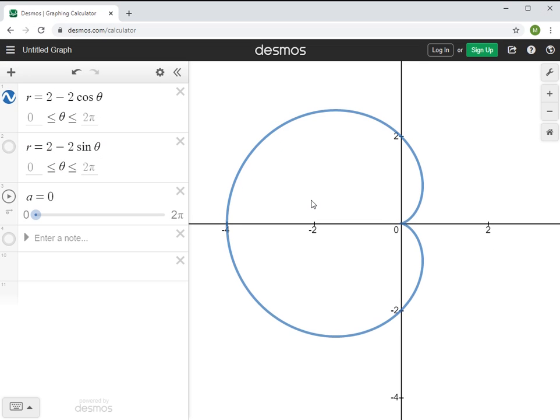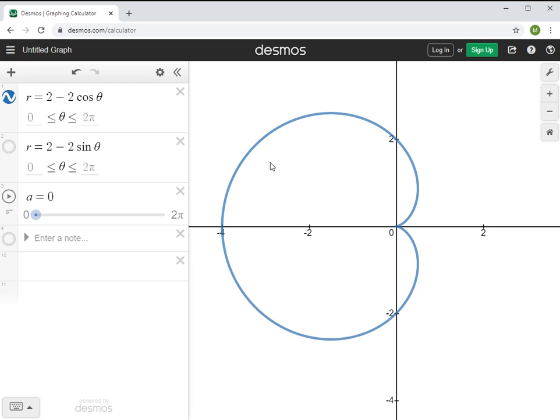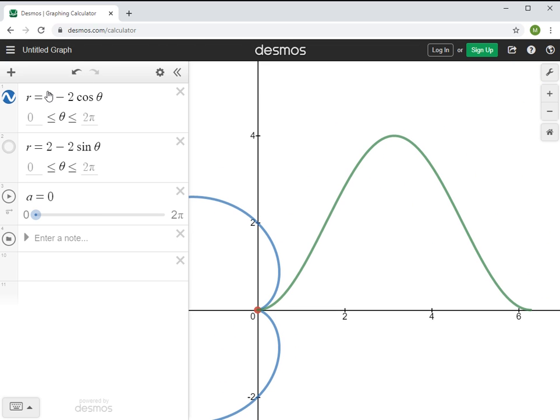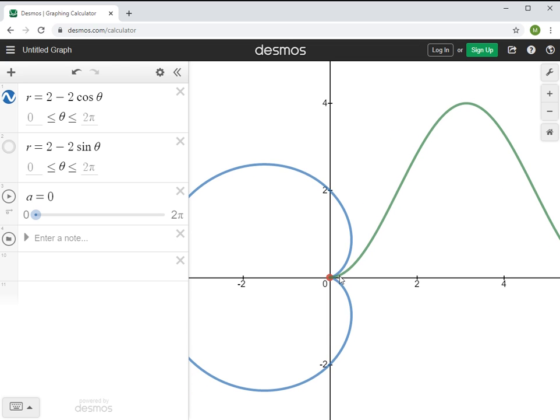Okay, now let's look at that very same thing in Desmos, a little more dynamic. So here is our cardioid in blue, r equals 2 minus 2 cosine theta. So if I go ahead and plot r equals 2 minus 2 cosine theta, where here I'm thinking about the horizontal axis as theta and the vertical axis as the radial distance r. As I move from left to right here, the points on the green curve are going to describe the radial distance from the origin on the blue curve.